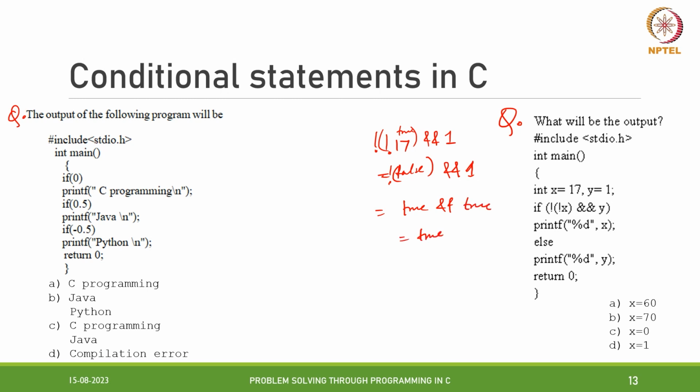Now if it is true, then the if part will be executed. So you're printing 17. So here the value will be 17, like the answer will be 17.